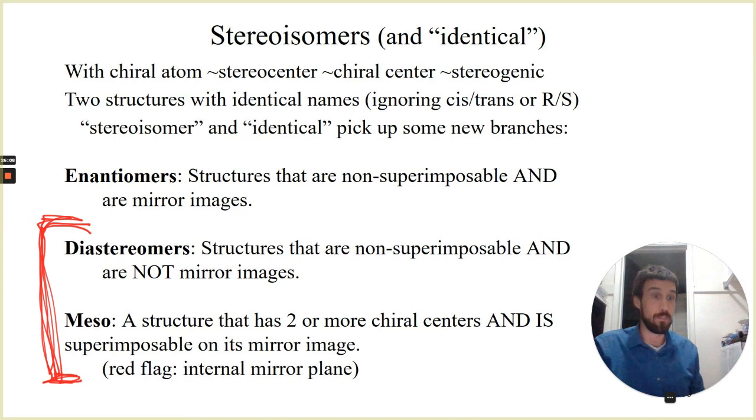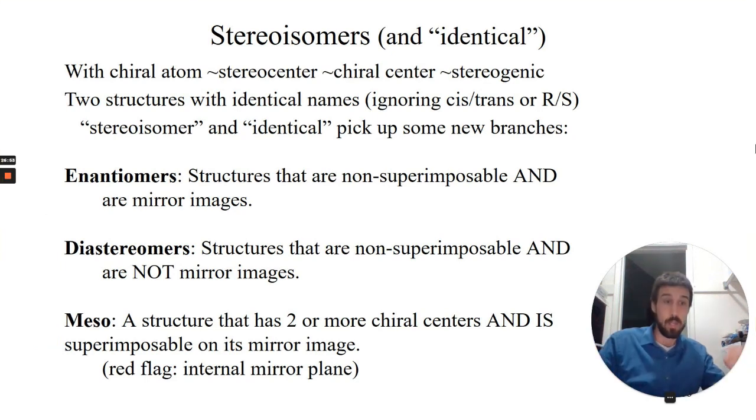So diastereomers are structures that are still non-superimposable, but are not mirror images. Okay? Meso compounds are structures that have two or more chiral atoms, but they are superimposable on their mirror image. But if they're superimposable on their mirror image, doesn't that make them identical?